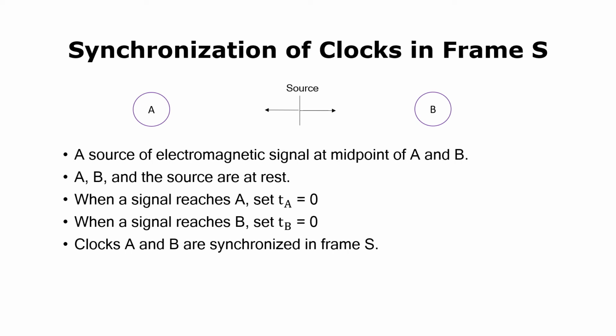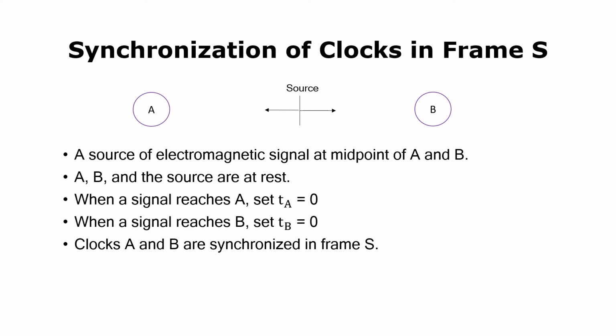One way of synchronizing clocks A and B in frame S is to put a source of signal exactly midway between clocks A and B. In frame S, the clocks A and B and the source of the signal are at rest.